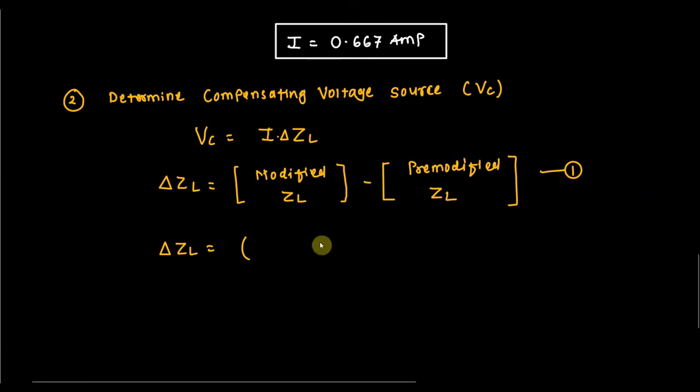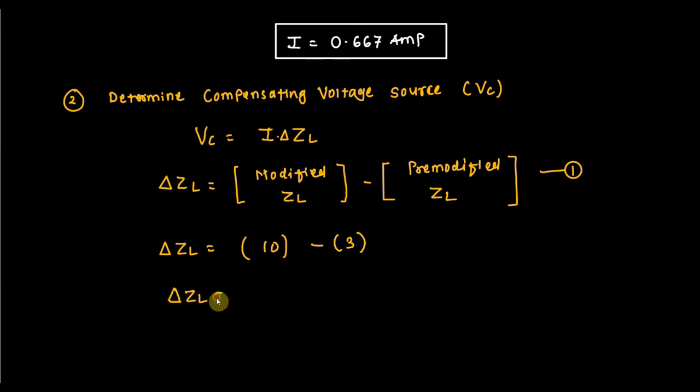So the value of delta ZL comes out to be 7 and the unit is ohm, because impedance is measured in ohms.